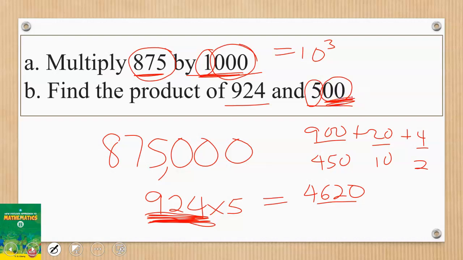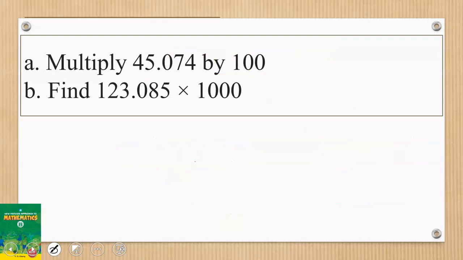Now we are going to attach our 2 zeros to this to give us the result of 924 times 500, which will give us 462,000. Right, so that is the answer for these two questions. Okay, another example says multiply 45.074 by 100.